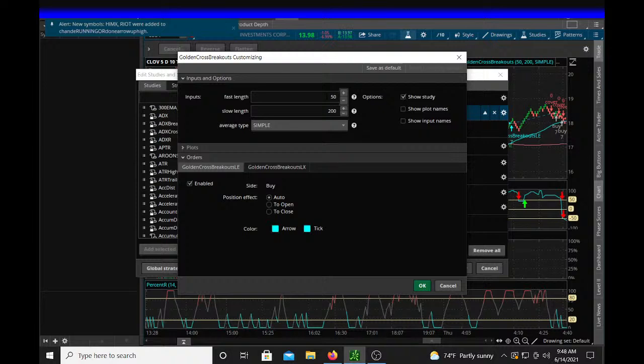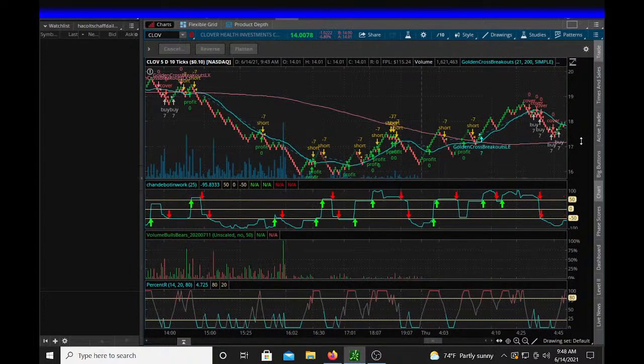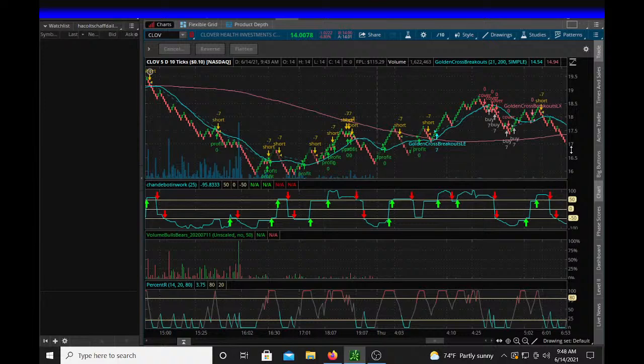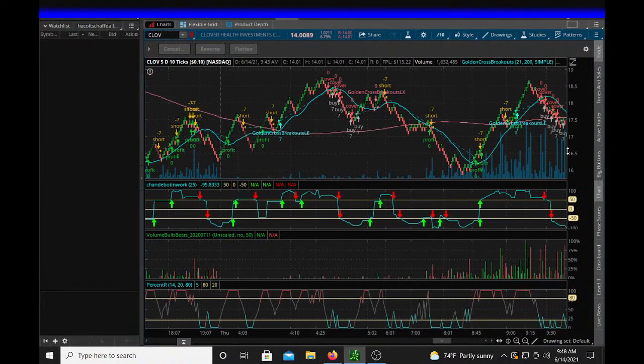Now a fast length of 50 is kind of slow, okay? So let's put it somewhere closer to price itself. And we're going to make that a 21 period, all right? So when the 21 crosses the 200, that's going to give you an entry and exit point. Okay, and we'll give that a try.